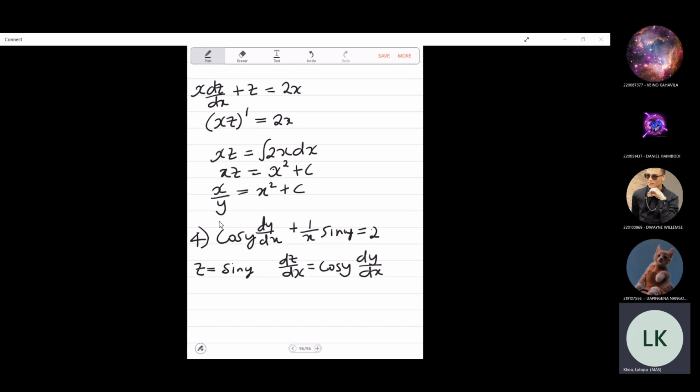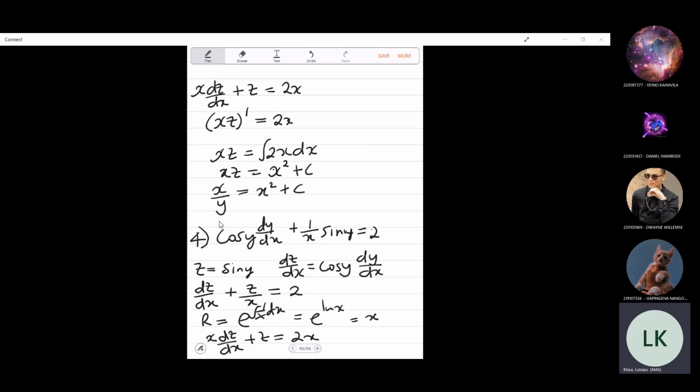So substituting, I have dz/dx plus z over x is equal to 2. And then again, our integration factor, e to the power of the integral of 1 over x dx, e to the power of ln of x, which is x. And then when you multiply everything with x, you have x dz/dx plus z is equal to 2x.